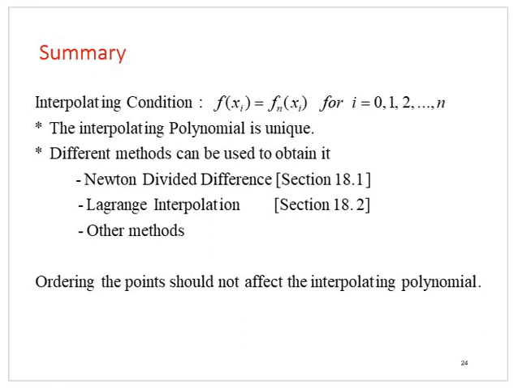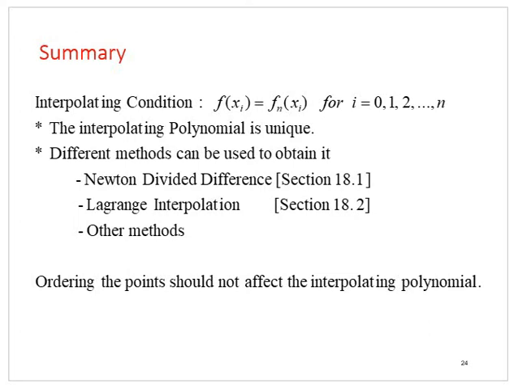So in summary, the interpolating condition is that f of xi equals f of xi for i equals 0, 1 up to n, and that the interpolating polynomial is unique. Different methods can be used to obtain it: the Newton divided difference, and then we have the Lagrange interpolation and other methods.